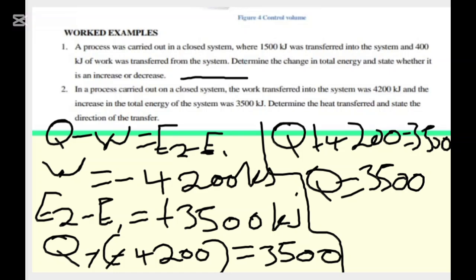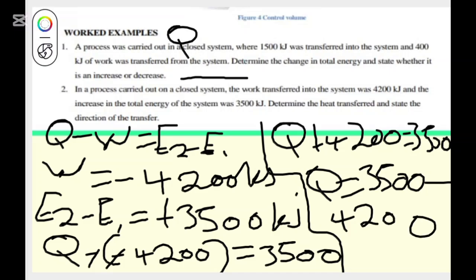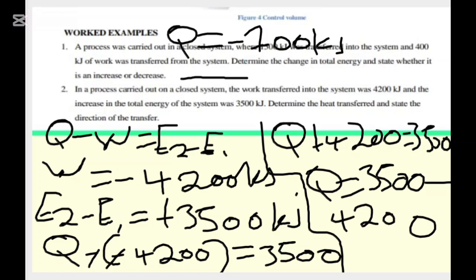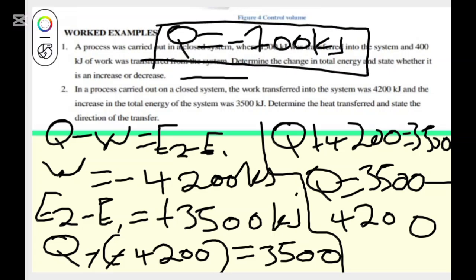So Q is equal to minus 4200 plus 3500, which is negative 700 kilojoule as the final solution. So the question says determine the heat transfer.